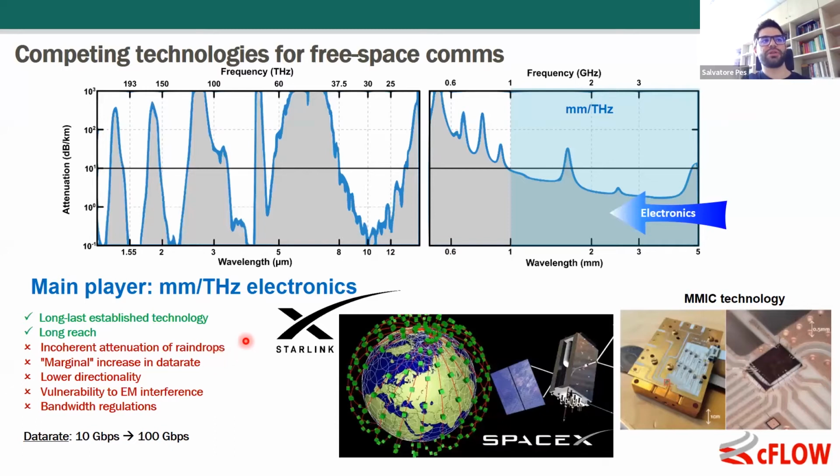We are reaching, in fact, saturation in the gain-bandwidth product, so there is only a marginal increase in data rates. Also, we have low directionality links, it's not energy efficient, and it is vulnerable to electromagnetic interference.